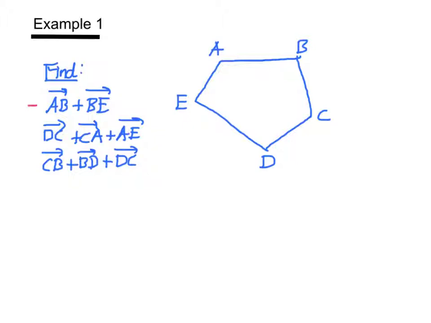And so really there's several ways I can do these problems, but I can draw a vector on top of the line segment AB, and then I can add the new vector, which is BE, by drawing that vector at the tip of the first, and then remember my resultant is a third vector that starts at A and ends at E. So my vector here is really AE, or the sum.